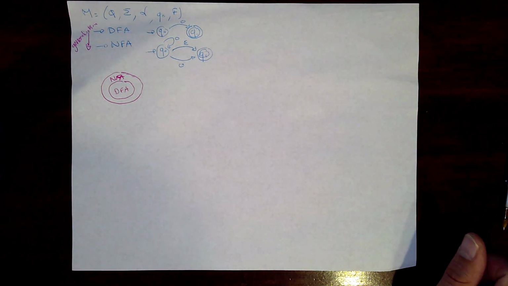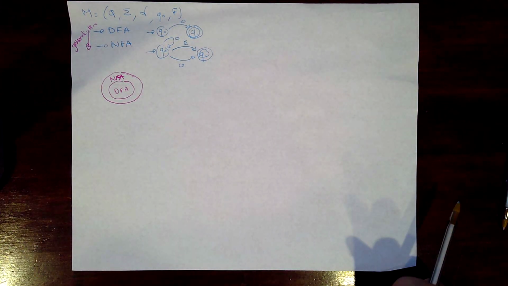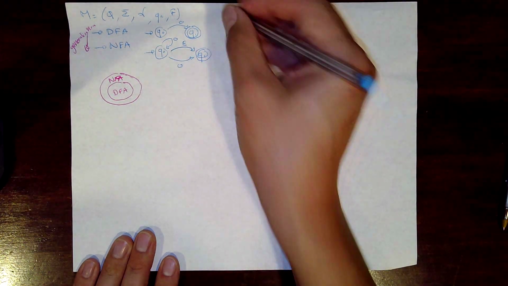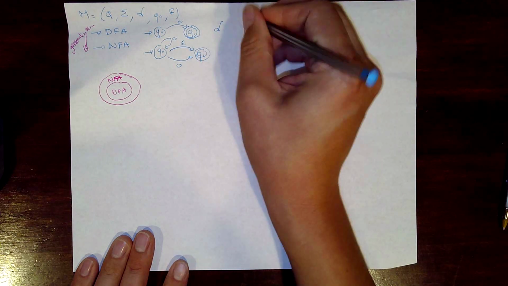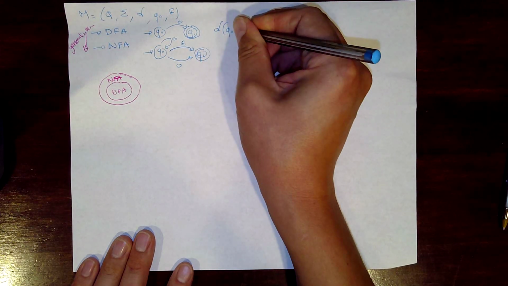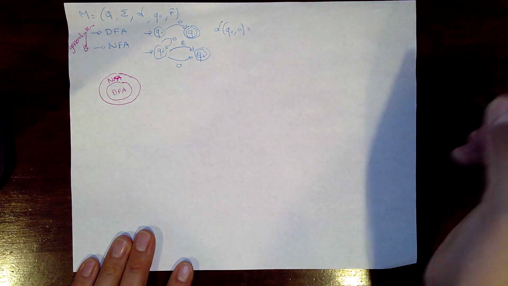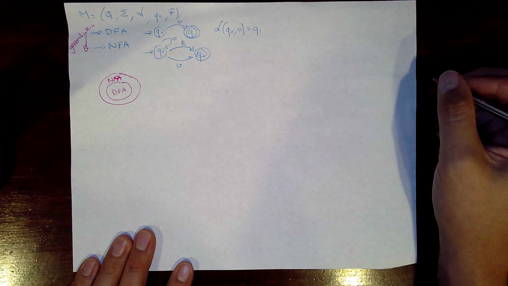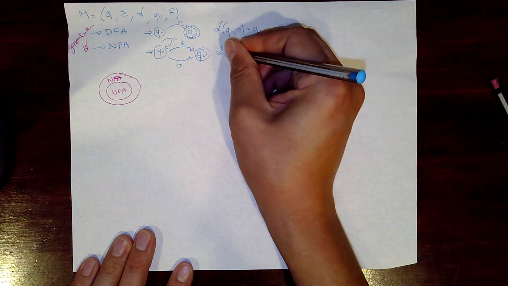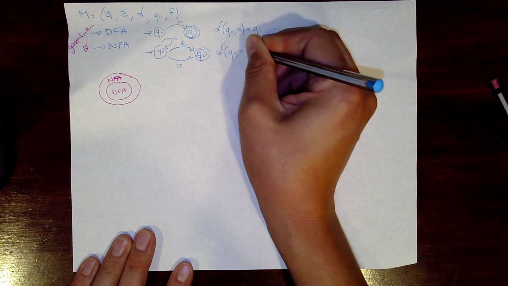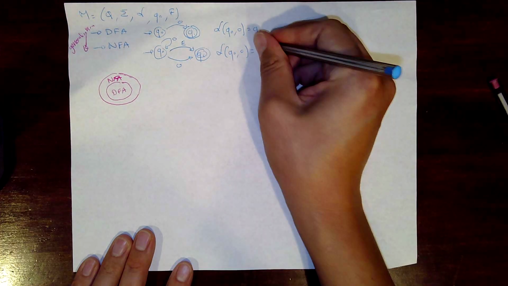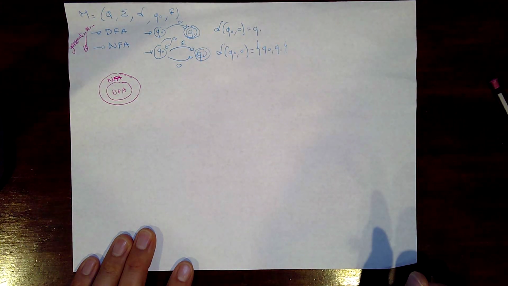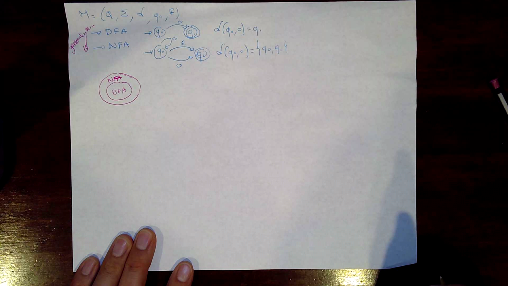The difference is that instead of the transition function having delta of Q0, 0 equals Q1 for a DFA, an NFA will have a definition such that you can have a set, Q0 and Q1. It's actually always a set, even if you have just a singleton, just one element.